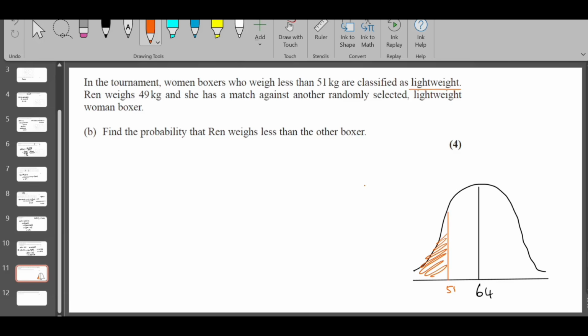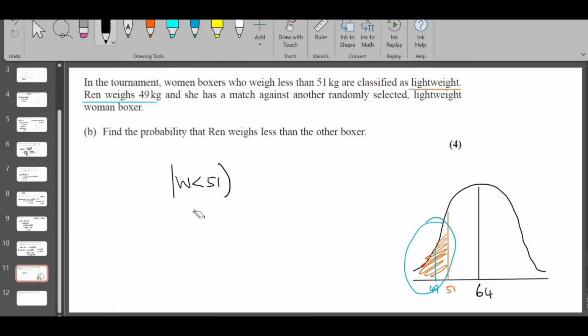Now Ren weighs 49 kilogram. So Ren is in here, 49 kilogram, right? She has a match against another randomly selected lightweight woman boxer. So she has a match against these people. That's a condition. She has a match against a boxer who weighs less than 51 kilogram. That's a condition. Find the probability Ren weighs less than the other boxer.